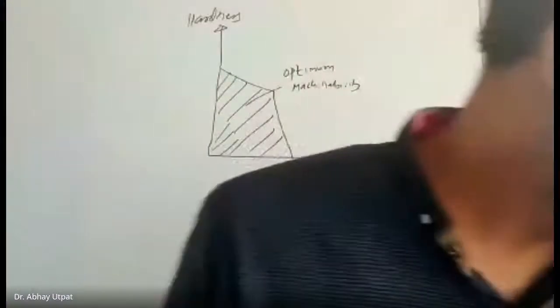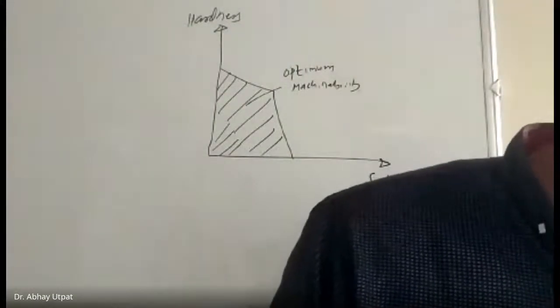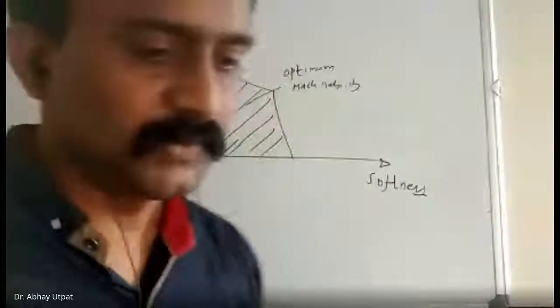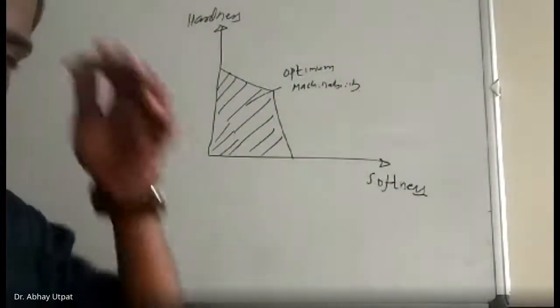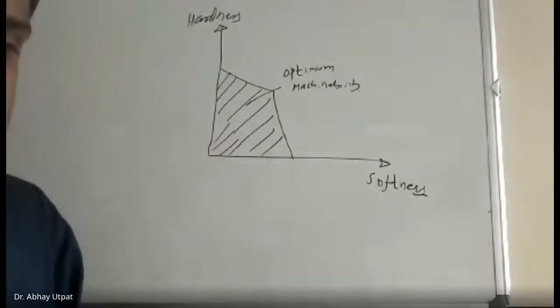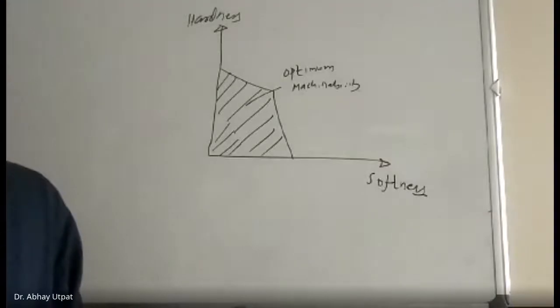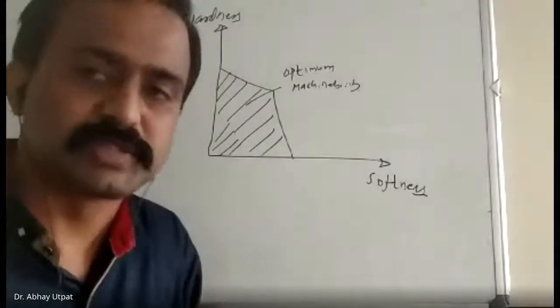Next, 0.4 to 0.6. Now, this is also medium carbon steel, but it is a little higher range. So only full annealing is not sufficient.